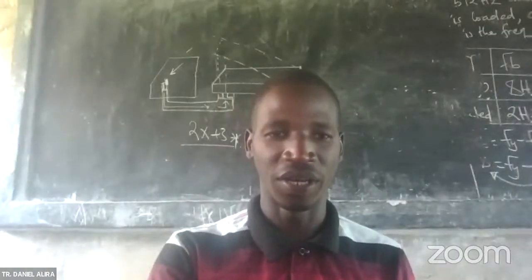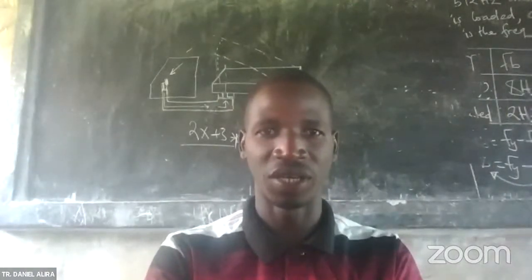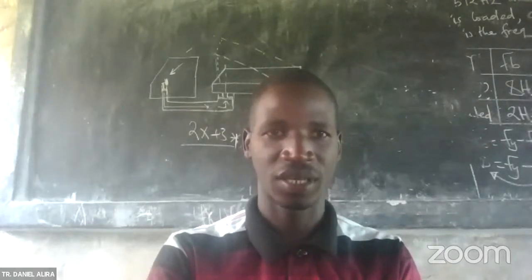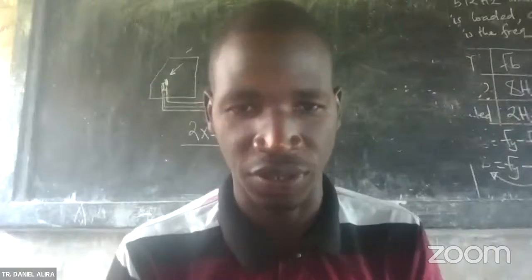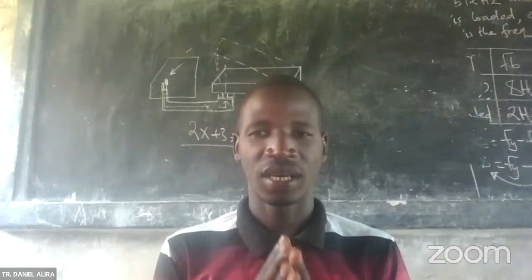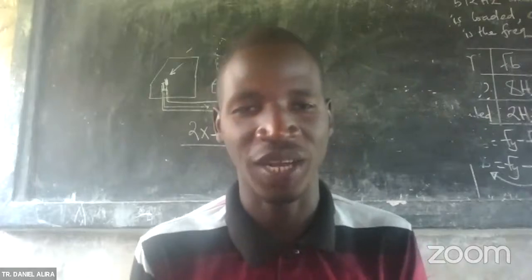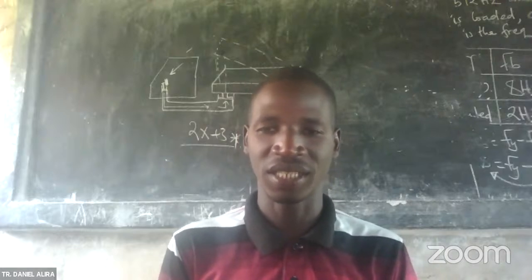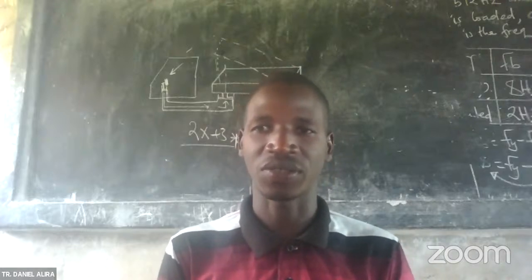Our discussion had been on quadratic equations, an equation of the form ax squared plus bx plus c, where a and b are constants, and c is also a constant.